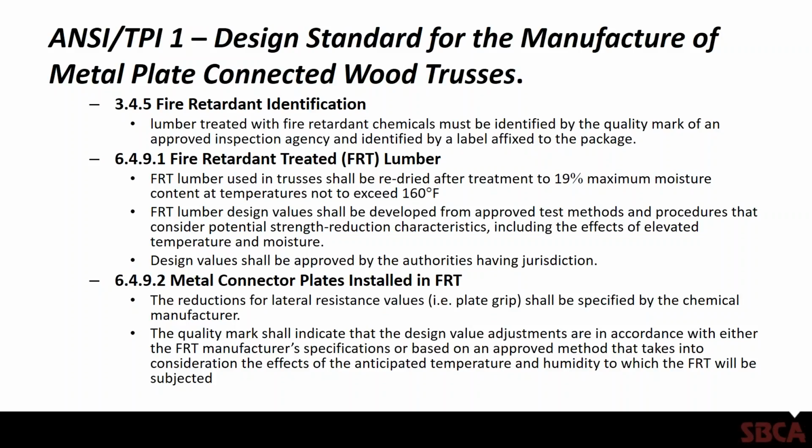Typically, the truss manufacturer is probably not going to stock fire-retardant treated lumber in their inventory, so what they'd have to do is send material or obtain material and then design the trusses with that treated material. And so the material they're using has to be no more than 19% moisture content.